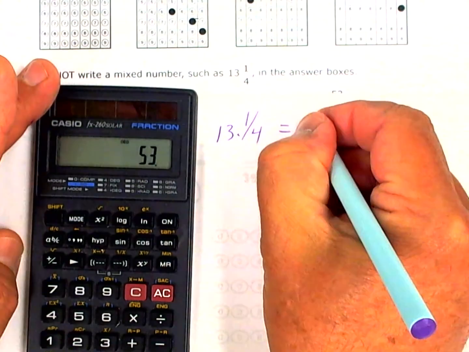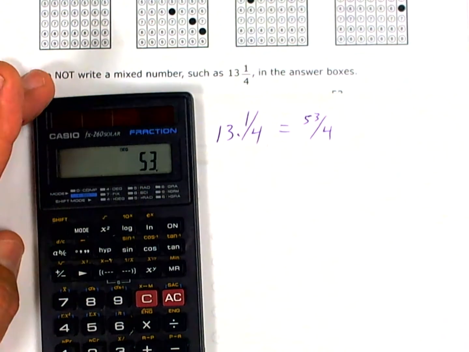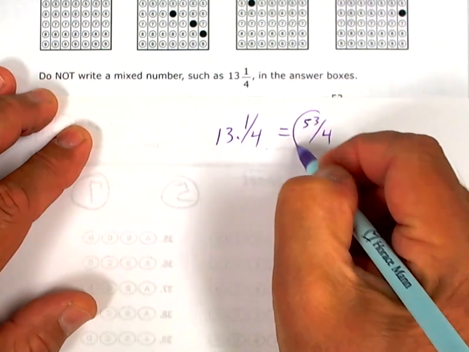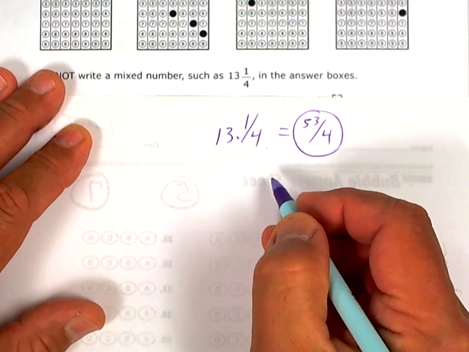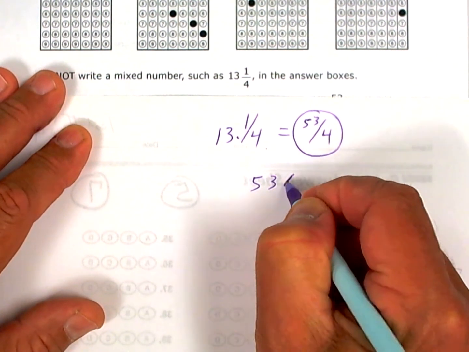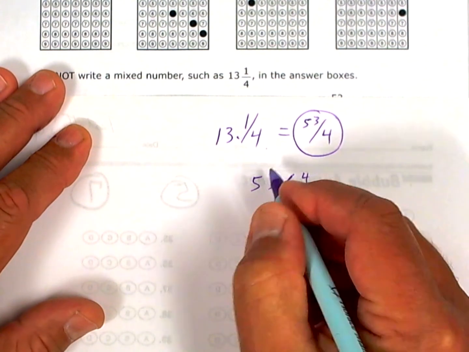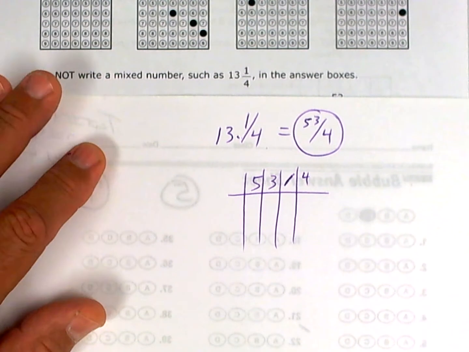So I get 53 over 4, okay? So this is what you want to graph or plot in the grid. So you would do 53, and then the fraction sign, and then 4, and then you would bubble that in. Okay, make sure you understand that.